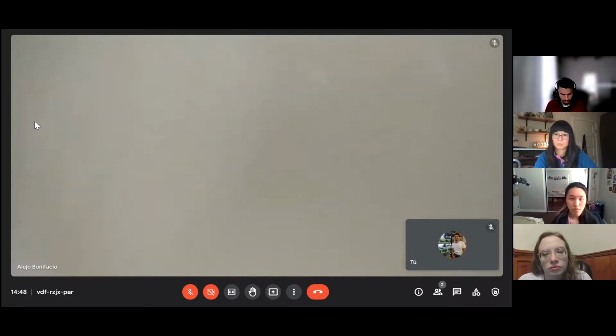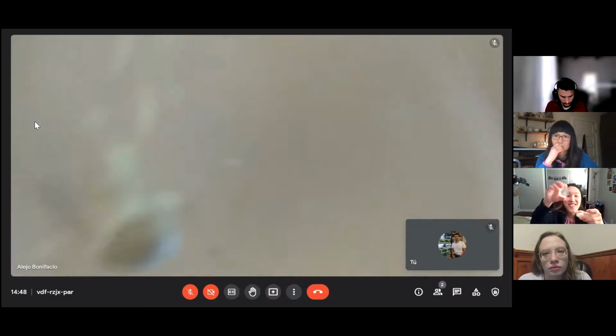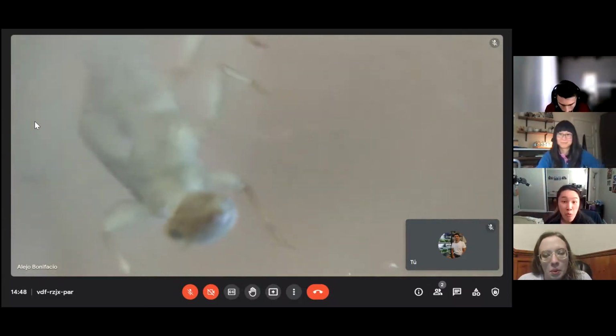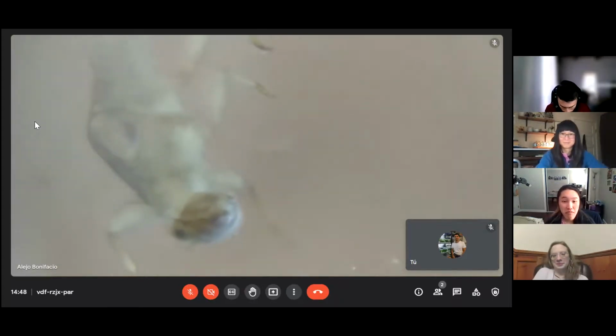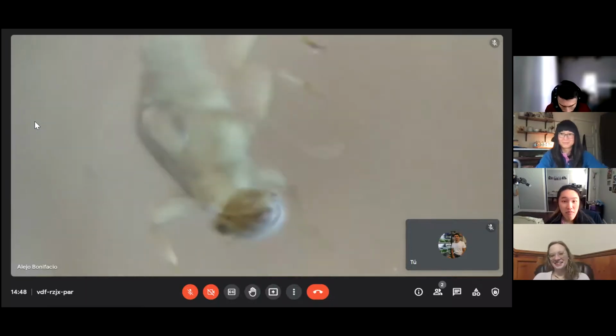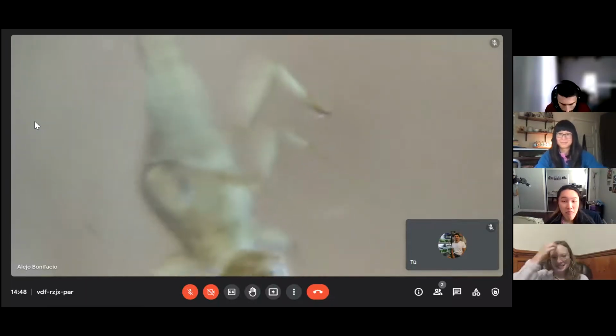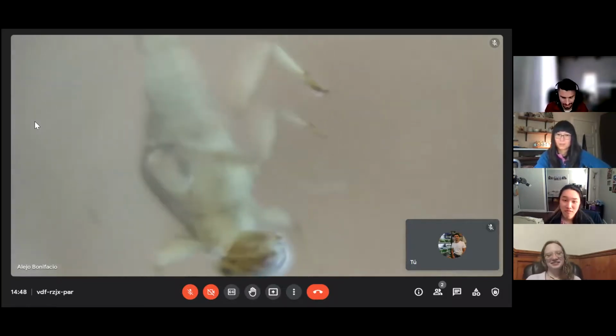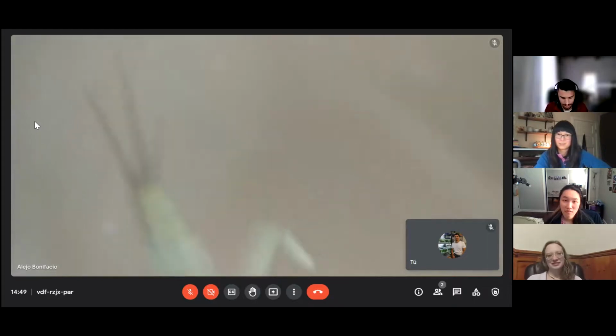But I'm going to show you how a mayfly looks. Well, they look very big. They have 5 legs right now, because this animal lost one when I tried to catch it.